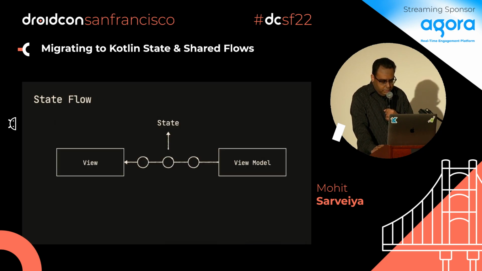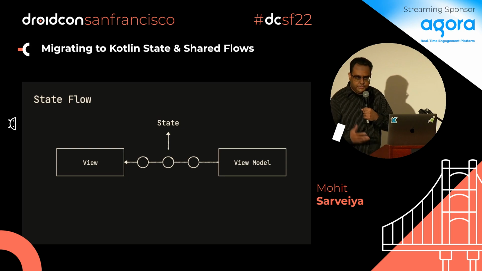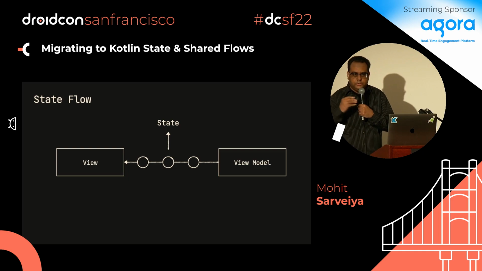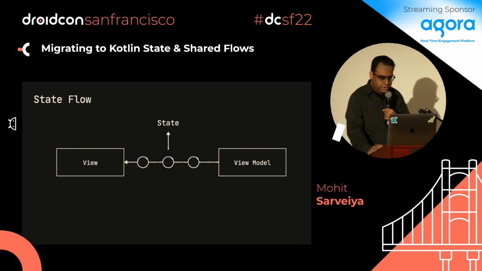So what we looked at is the Google recommended approach of setting up a simple MVVM architecture with a state flow, and we're using the state flow to communicate UI states. But let me share with you another approach to create a state flow in an architecture.